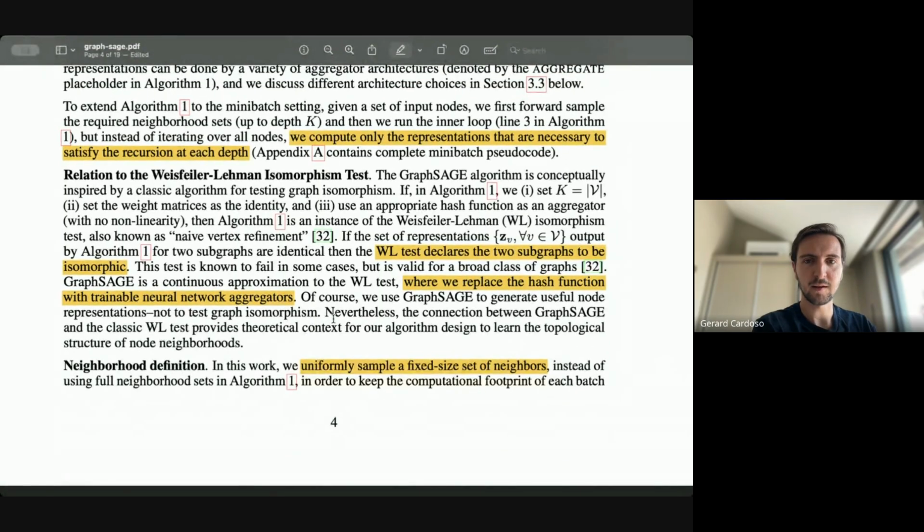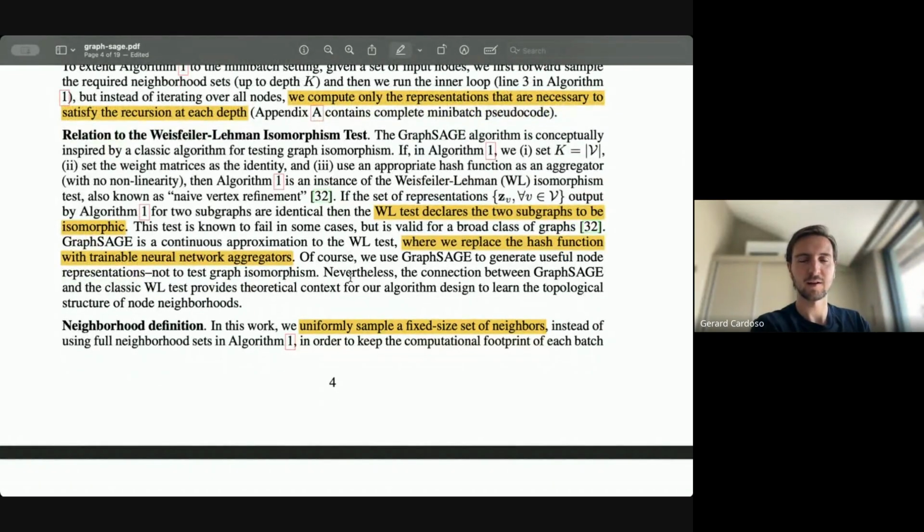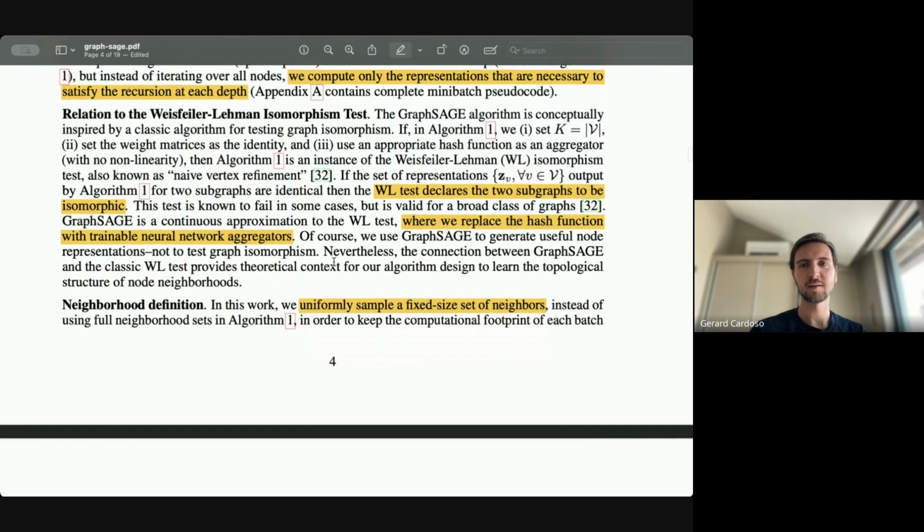Yeah, so interestingly, they relate it to a different test for isomorphism. I didn't come across this test before, but effectively, if you think of the aggregations as a hash function, and you do the same going from a node through all the nodes in the graph, applying this hash function, then it creates some kind of test for isomorphism in the final set of representations of the nodes.